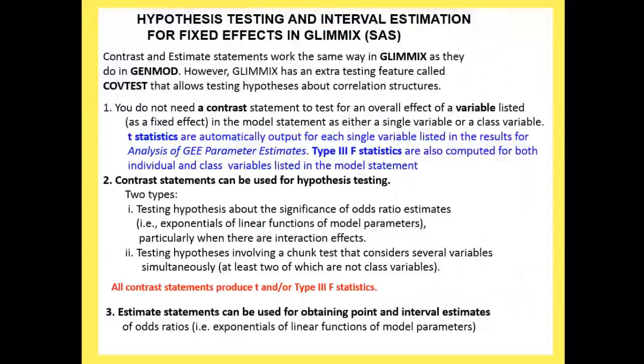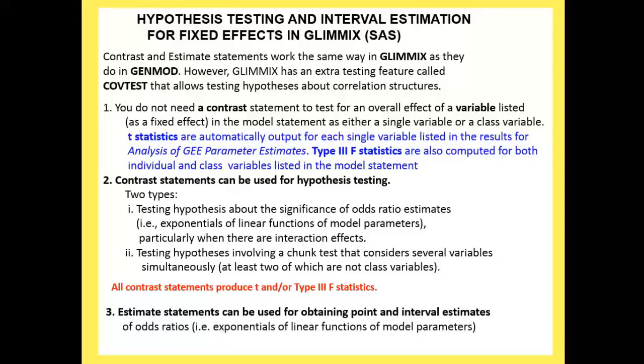Oh, yeah, okay. If you want to test a hypothesis, let's say you have a logistic model, maybe even a marginal model, and you have correlated data. And the model has main effects and interaction terms.